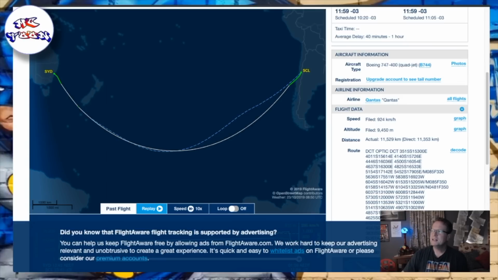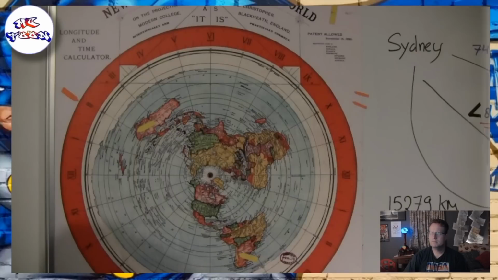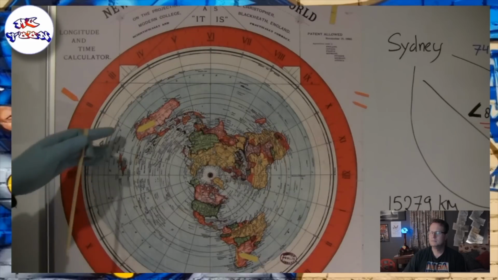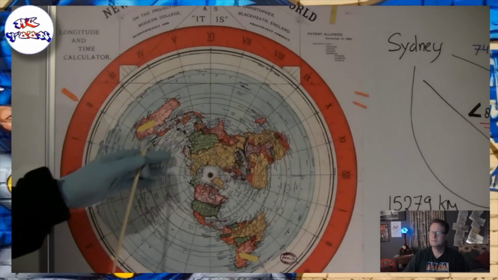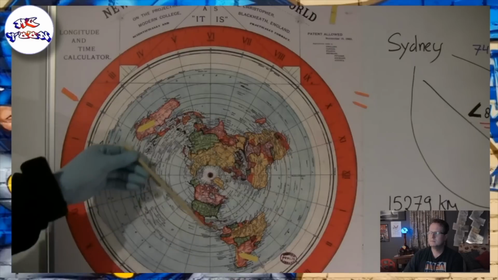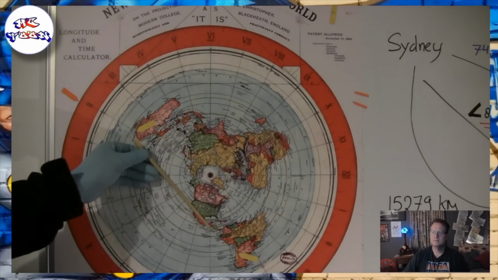So let's see how he wraps this up here. I showed you how to measure distances using the Gleason Map. You can measure the latitudes, longitudes, but you cannot measure in a straight line. Why not?